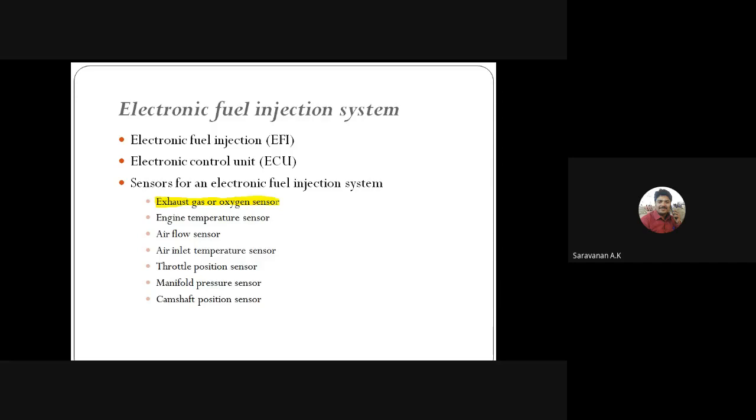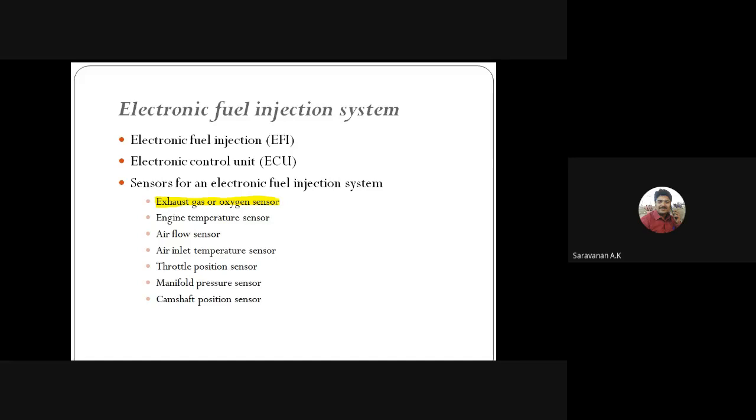The second one is the engine temperature sensor. It senses the temperature of the engine as well as the engine coolant, and it forms the data. The computer adjusts the mixture strength, depending on whether the engine temperature or the coolant temperature is high or low, as sensed by this sensor.